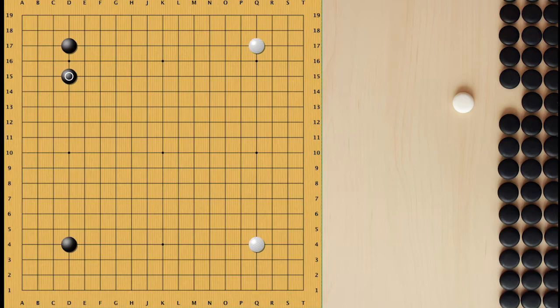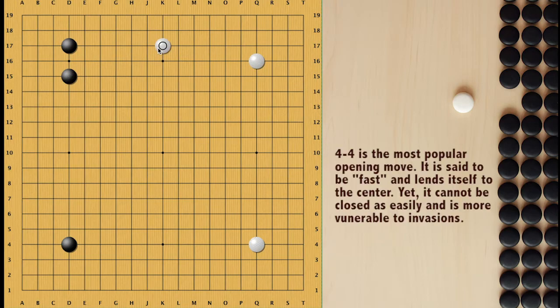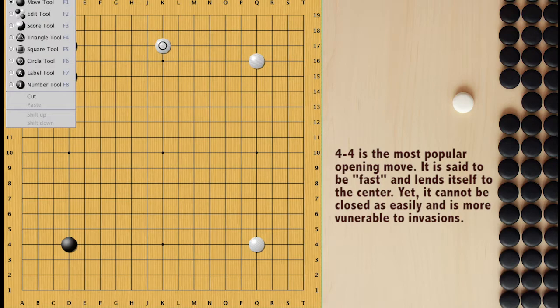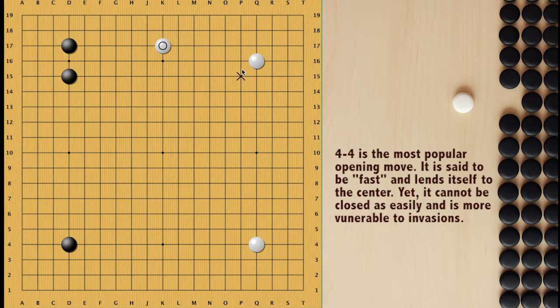Now, we often talk about the 4/4 stone being fast because the 4/4 stone can block extensions before enclosing the corner. And the reason is when there are 2 directions that one can be approached and 2 directions in which one can make an enclosure, and the stone is already high, we can go ahead and forego the corner enclosure for an outright extension.